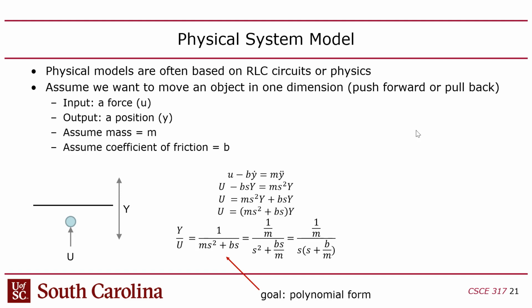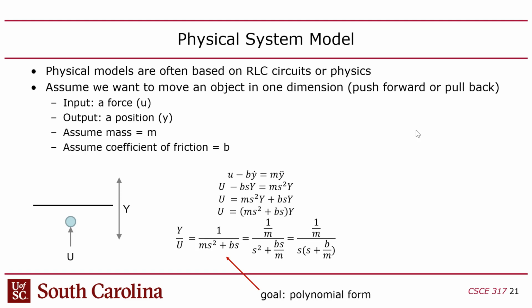I have to get this into a polynomial form, right? Now, the problem here is that it's ms squared plus bs. So I can factor out an s here, and I get s times (s plus b over m).